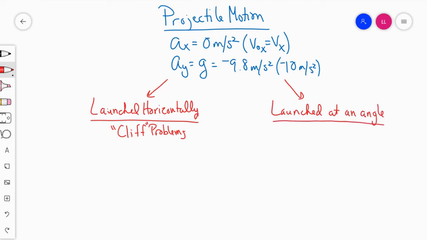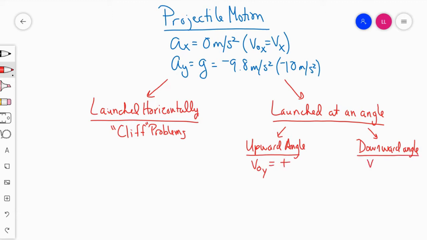Now, in this category, there are two more. When you have an upward angle, and you have a downward angle. With the upward angle, your initial y velocity will be a positive number, and with the downward angle, your initial y velocity will be a negative number.